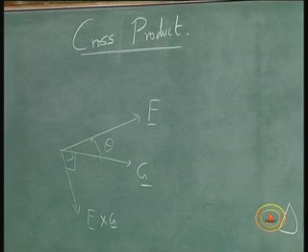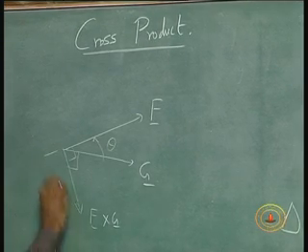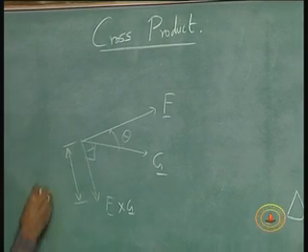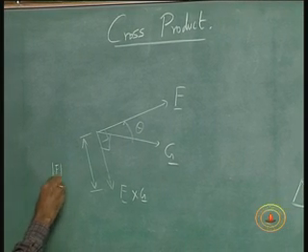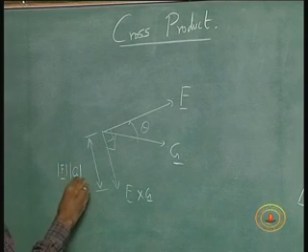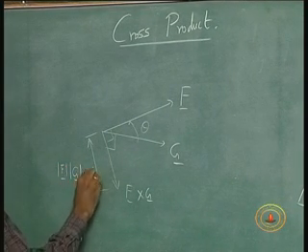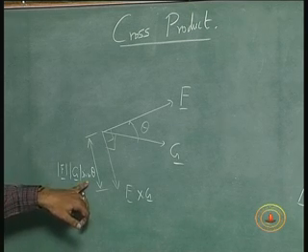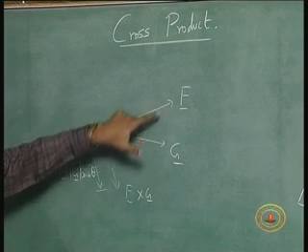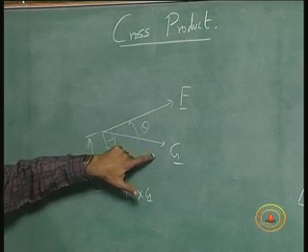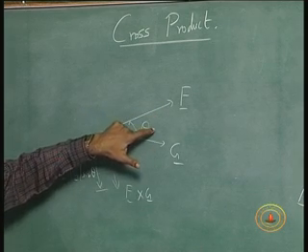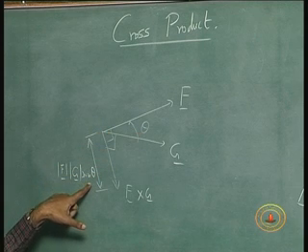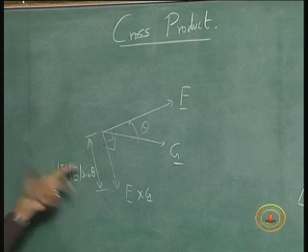What is the magnitude? This distance is going to be equal to magnitude of f times magnitude of g times sine of the angle between them. What this sine theta means is that if f and g point along the same direction, theta would be 0 and sine theta would go to 0.